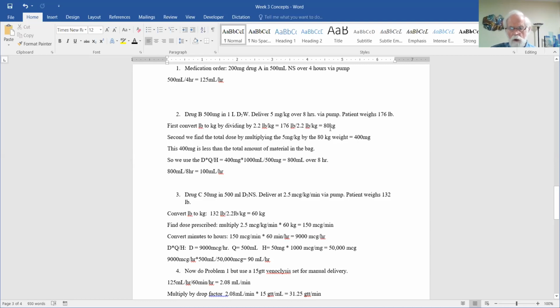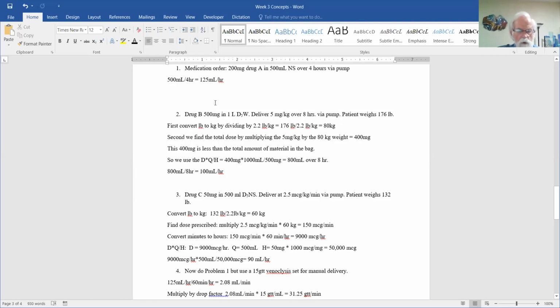Now, your patient weight can be anything. This could be 78.6, but that's okay. We still use that as the weight. So we multiply the per kilogram dose by the kilogram weight. In this particular case, we get 400 milligrams.